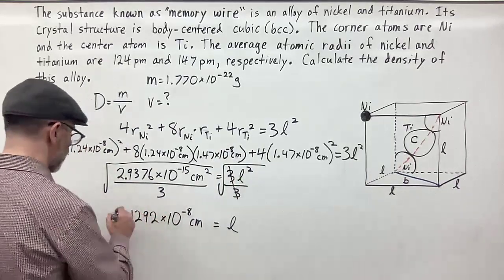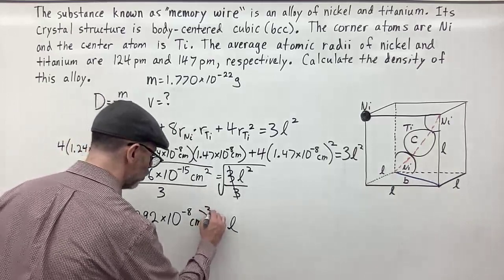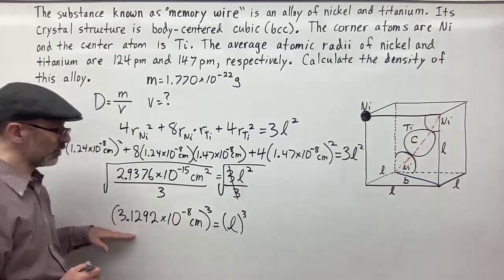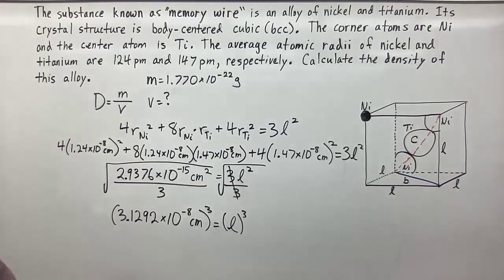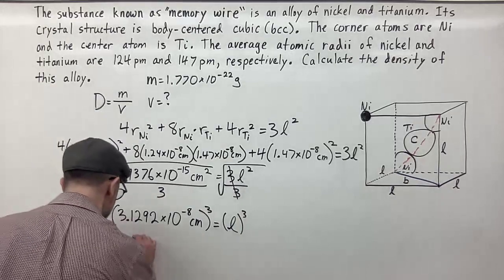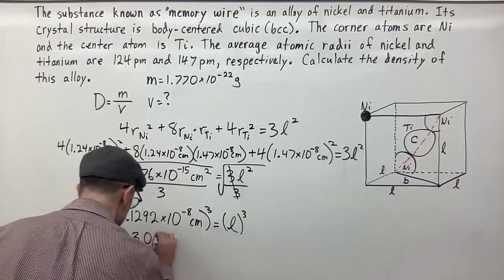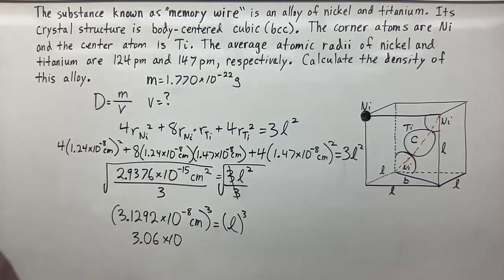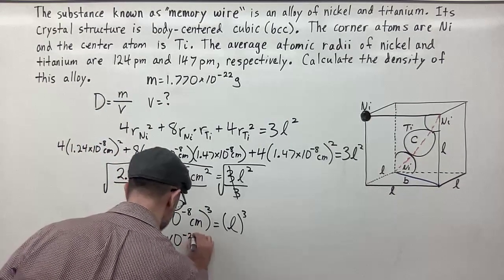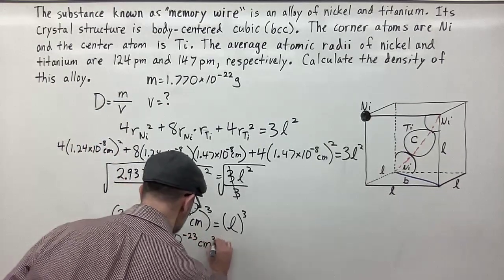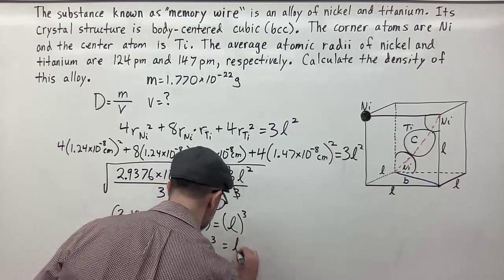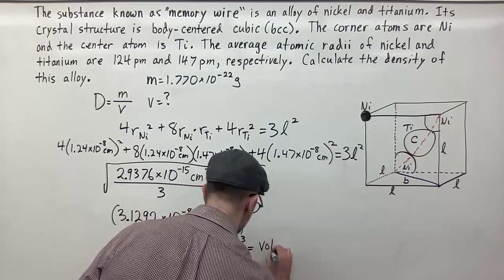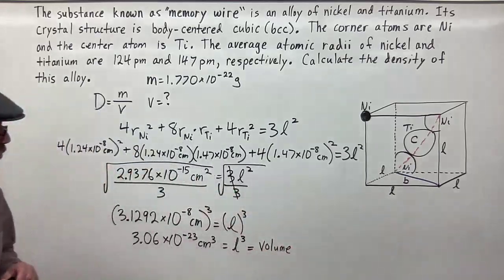So this length cubed is going to be 3.06 times 10 to the negative 23 centimeters cubed. L cubed is equal to the volume of the cube, which is what we want.